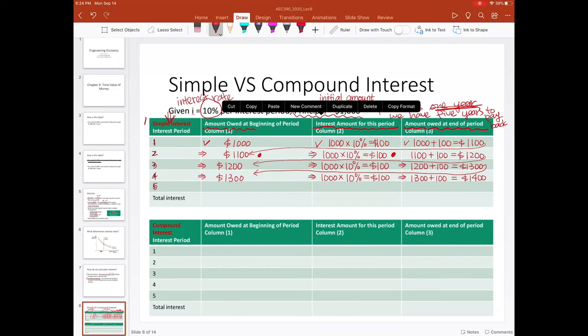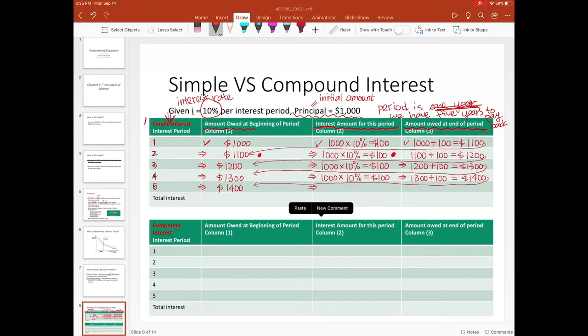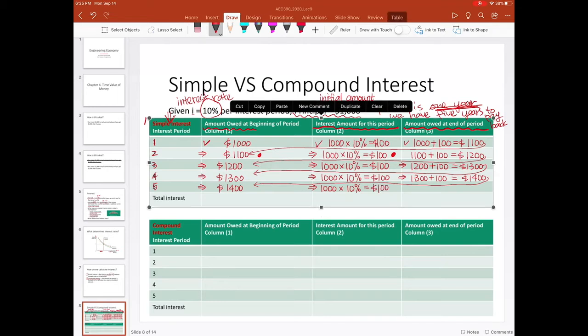And that $1,400 at the end of the fourth year becomes how much you owe at the beginning of the fifth year, right? So in this cell, you just copy that $1,400. The interest, because it's still simple interest, is still the principal times the 10% interest rate, so it's still 100.